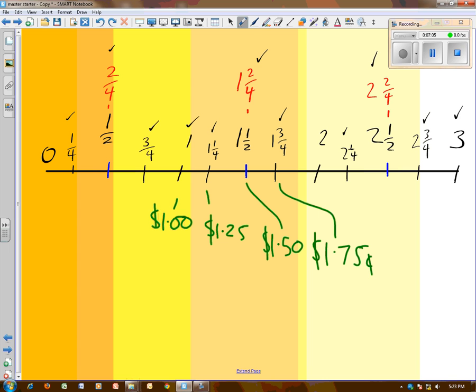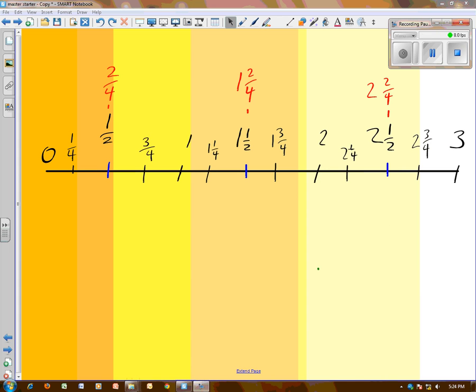I'll put down the cents that time. I didn't need to. I'll get rid of that because you don't need to do that. Okay. And of course, if we get to 2, that of course just equals $2 whole. And if we get to 2 1/4, it's $2.25. And if we get to 2 1/2, it's $2.50. I wonder if that makes it a little bit clearer for you.